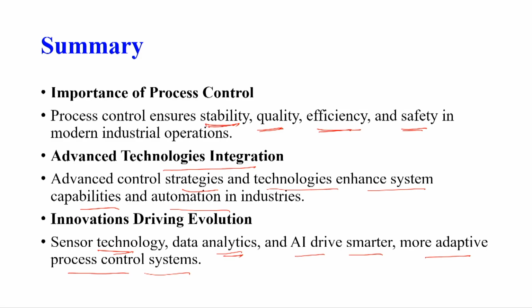So, what we have discussed today is very simple. What is process control? It says you have to take a decision, and for taking the decision you need to monitor. What you are monitoring is the measured variable.